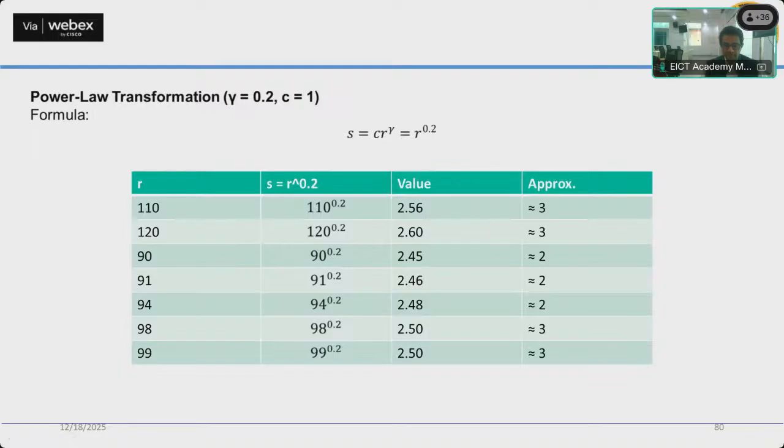Then we check whether it is greater than 2.5 or less than 2.5, and accordingly we assign the value 2 or 3. This way we are able to compute the transformed pixel intensity value. Any question? This is the power law transform.